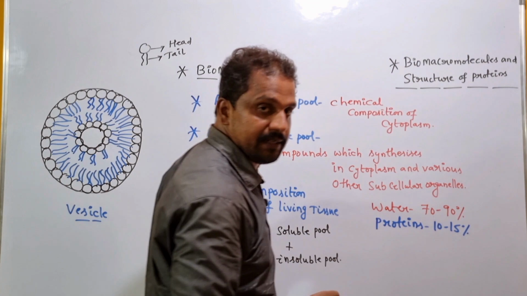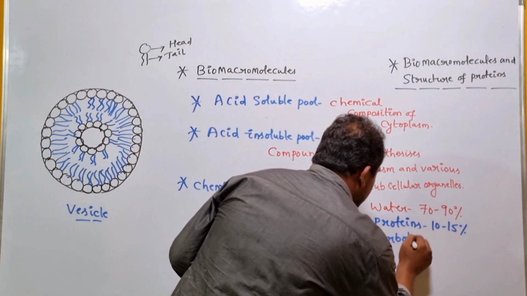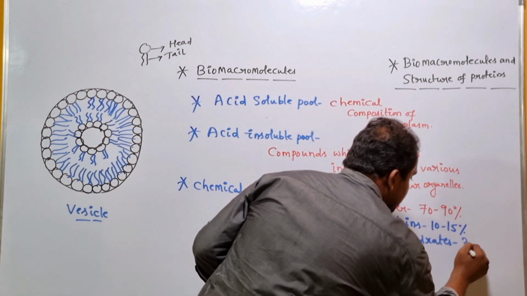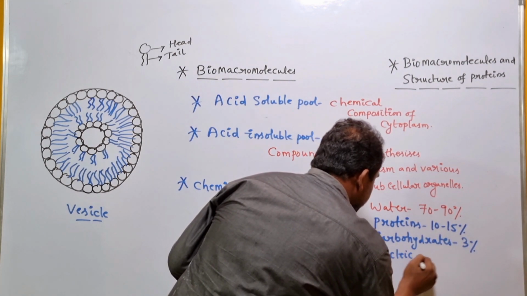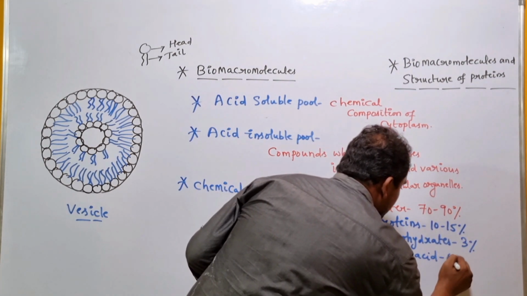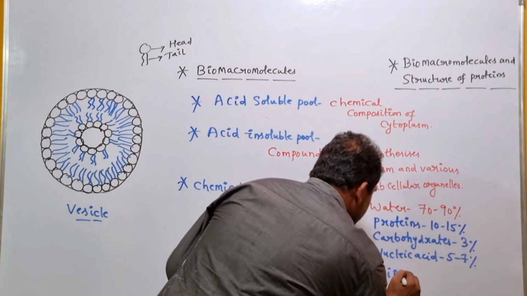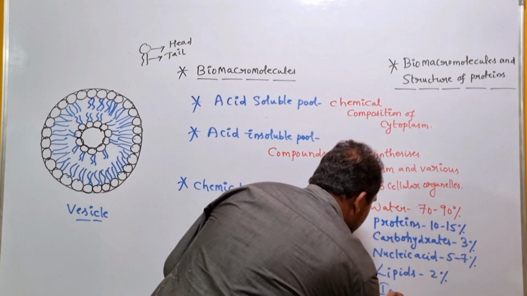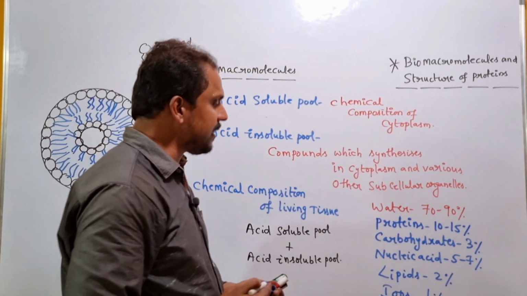Is it clear? Carbohydrates range around 3%. Nucleic acids range around 5 to 7%. Lipids range around 2%. And ions range around 1%. This is the chemical composition of one particular living tissue.